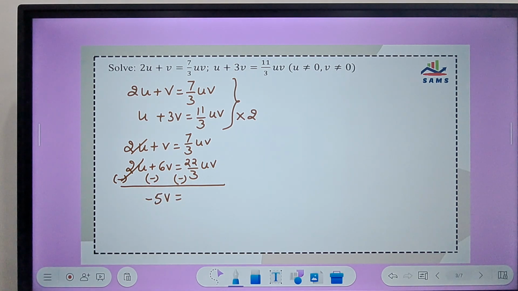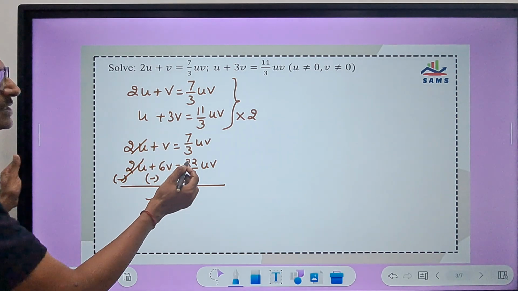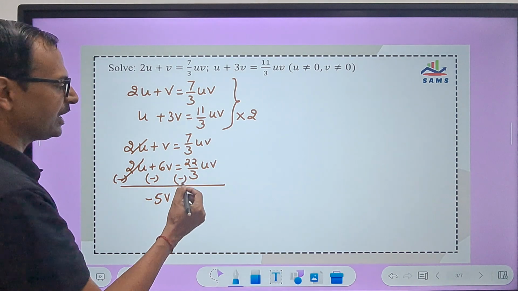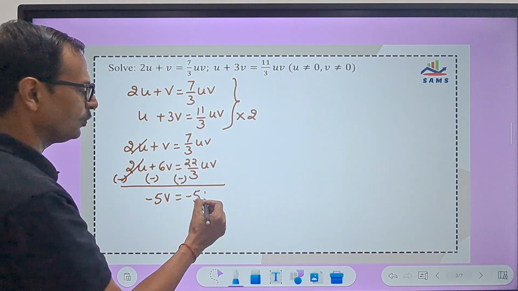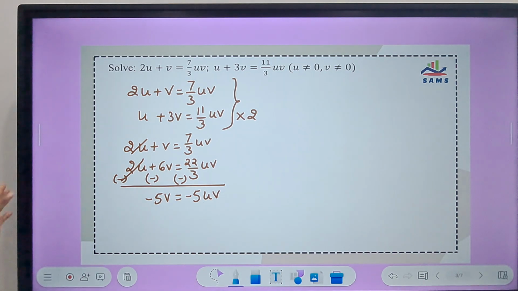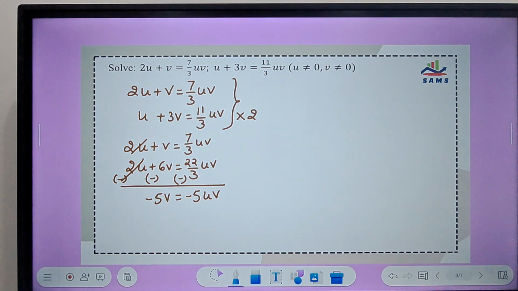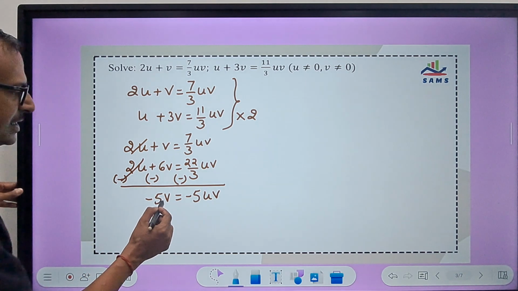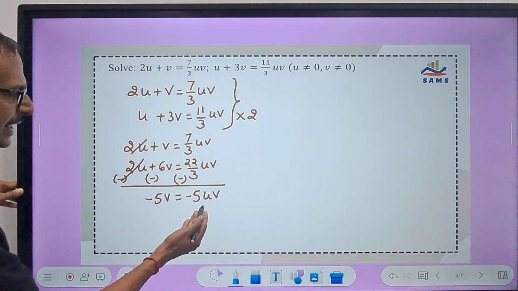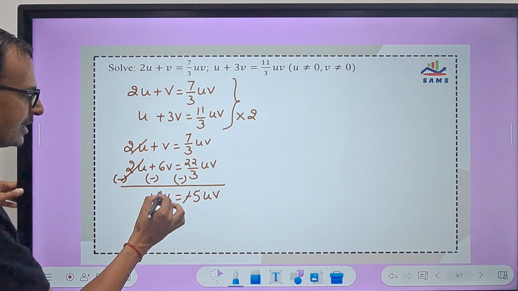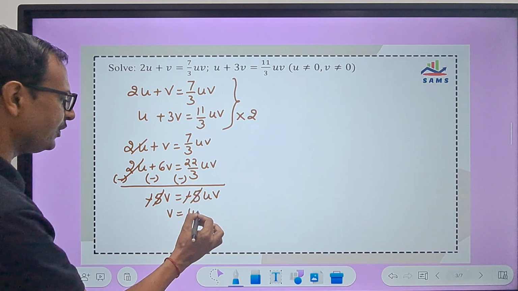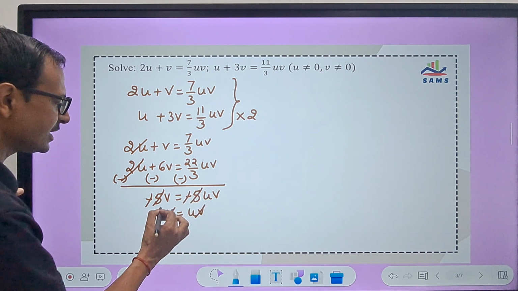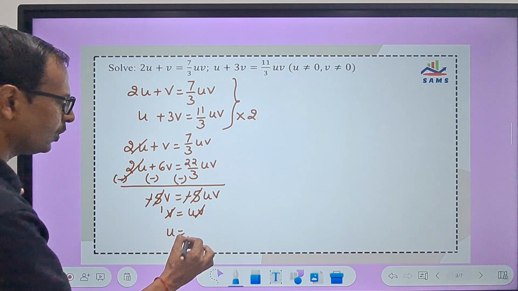Now you got to do that subtraction. 7 minus 22 is minus 15, so minus 15/3, that is minus 5 uv. So I added and subtracted the like terms one below the other, and so I can see some common factors getting cancelled. I can see the negative getting cancelled, the 5 getting cancelled. So v equal to uv, and v also gets cancelled, thereby giving you u equal to 1.